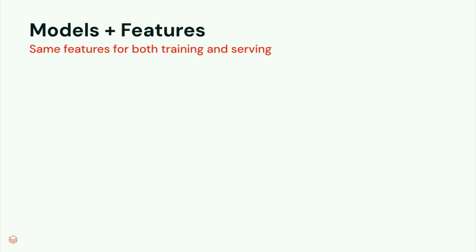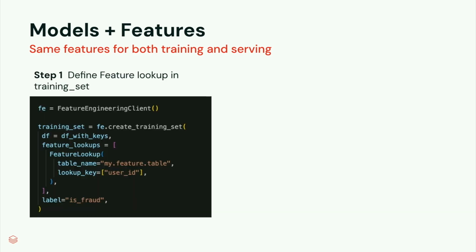Okay, so first step, how do we train our model with features? Databricks provides a very simple API that can help us connect the model with the features. It only needs 3 steps. First, we need to define a training set. This is all done through the model training process.